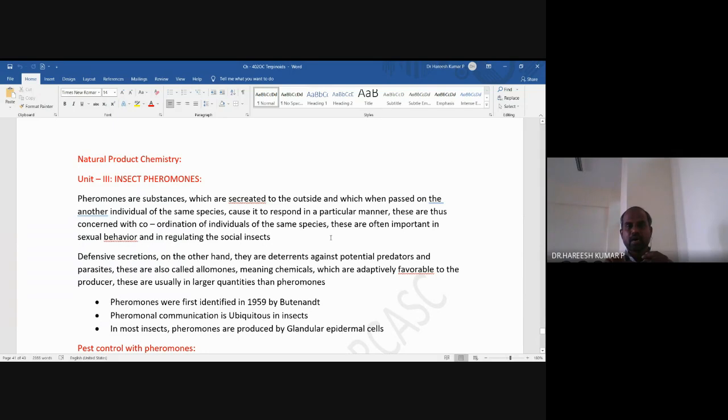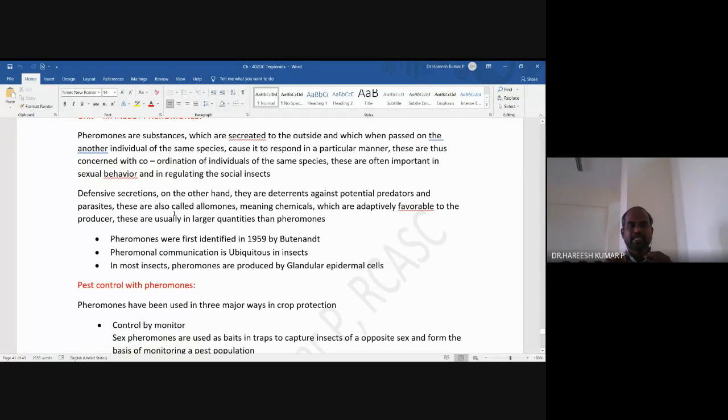So these are often important in sexual behavior and in regulating the social insects. So defensive secretions, on the other hand, are deterrents against potential predators and parasites.